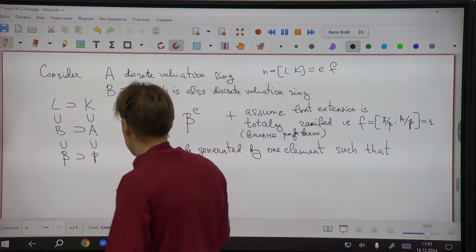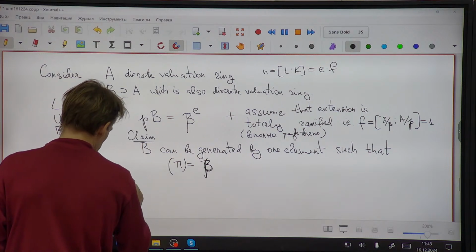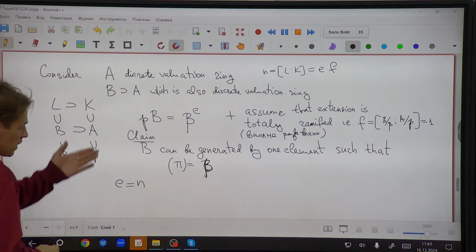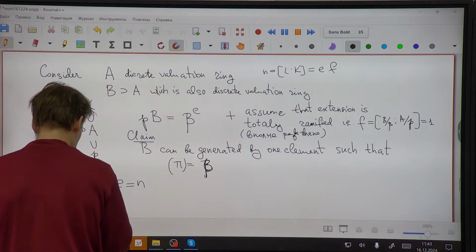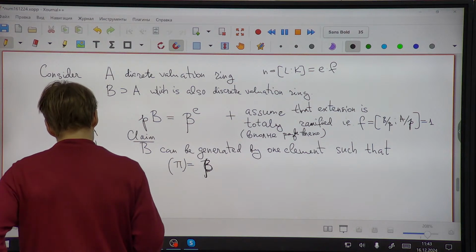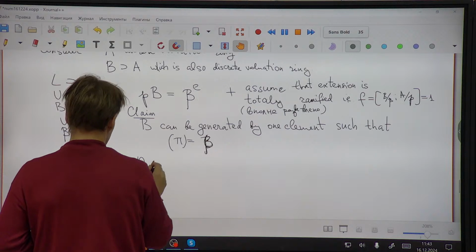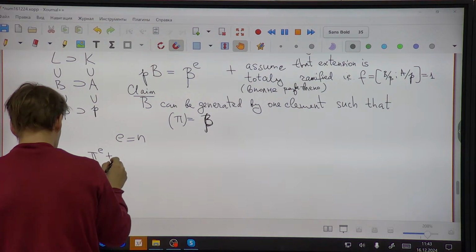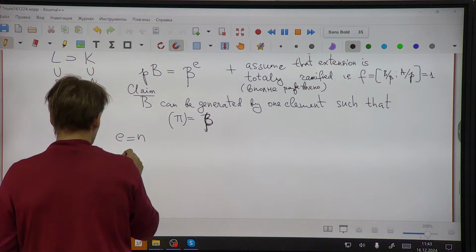So if the generator is a uniformizer, then E is equal to n, and this says that the uniformizer satisfies the corresponding polynomial, the so-called Eisenstein polynomial. So let me say that it satisfies this polynomial.